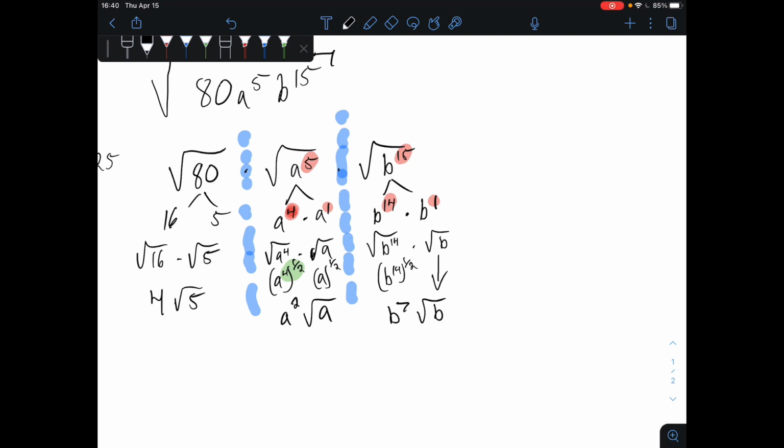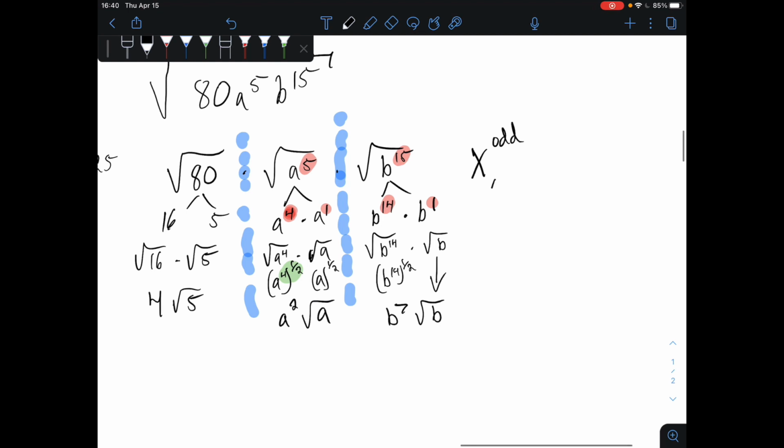So if we have a variable, so x, to an odd power, we want to separate our x to an even power and x to the odd power, which in this case, and most of the time, should be just 1 right there.